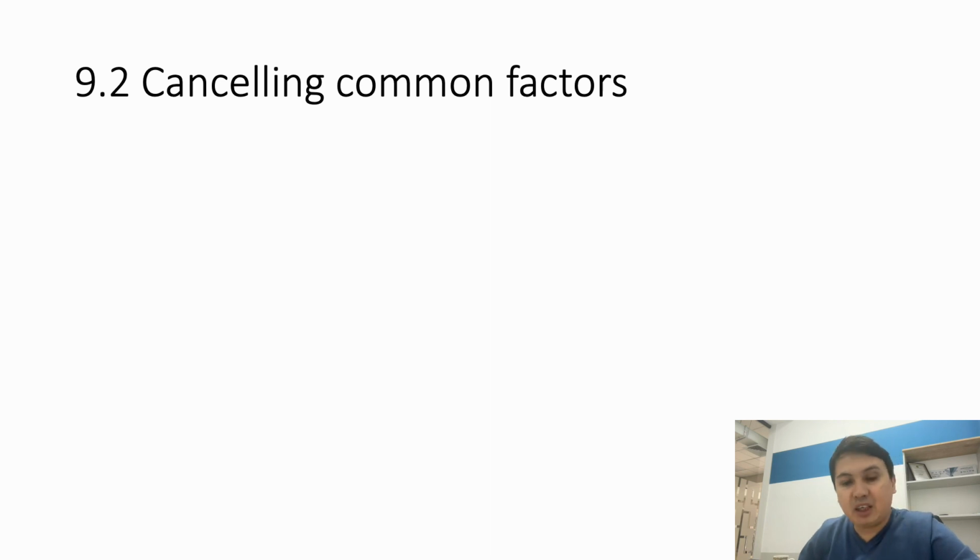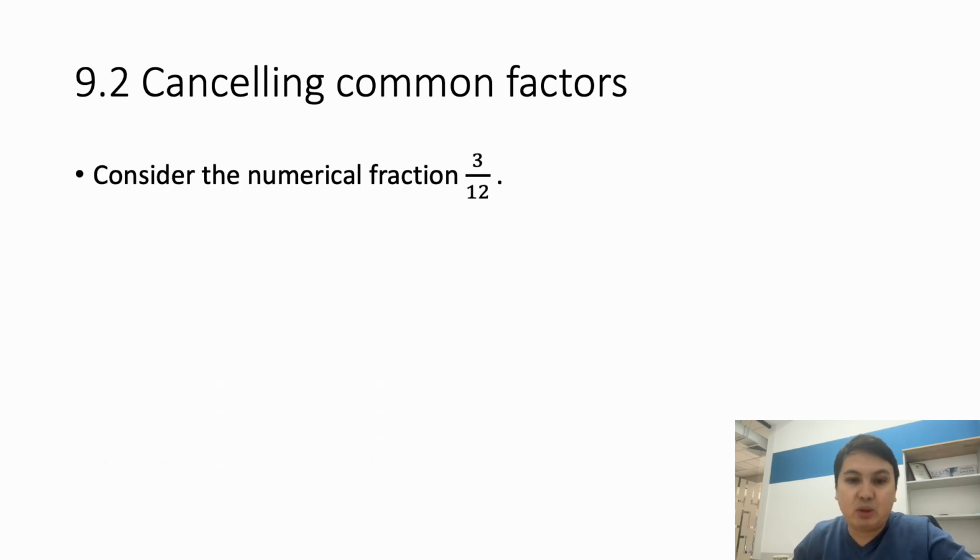So cancelling common factors. So how do we cancel? On the numerator you have one expression, in the denominator you have another expression, and we want to simplify, right? So cancelling the common terms. We did it for numbers, so let's quickly review. Let's say that you have 3 over 12. That's a fraction. So how do you simplify?